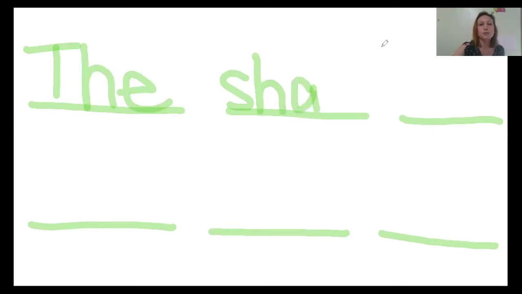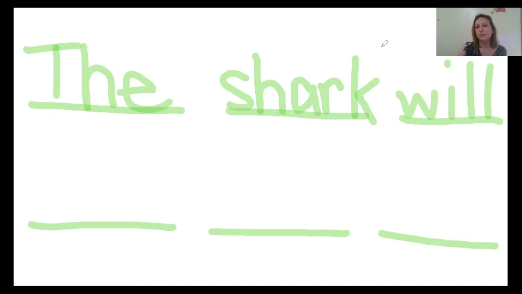R. There's my R controlled vowel, my bossy R. K. And because it was not a short vowel, I used just the K. The shark will, there's our floss rule. Single closed syllable ending in L, you're going to double that L.